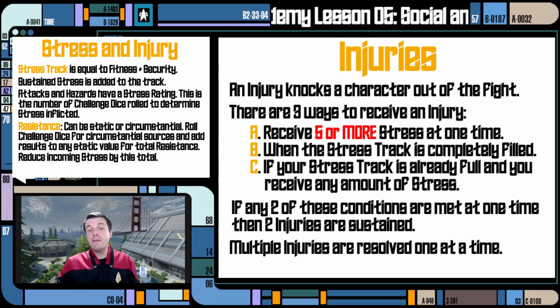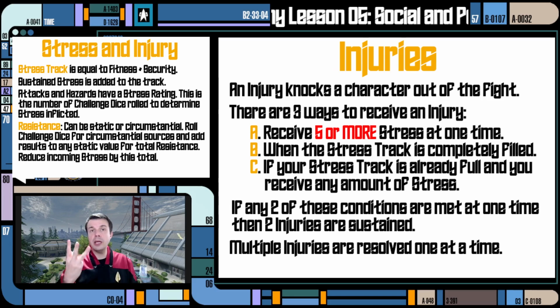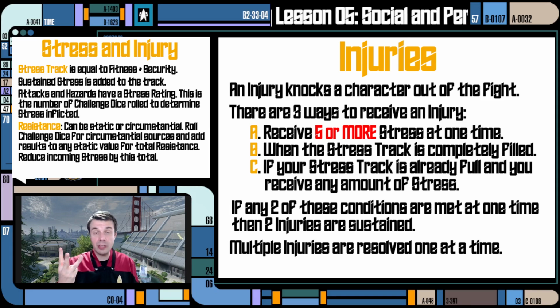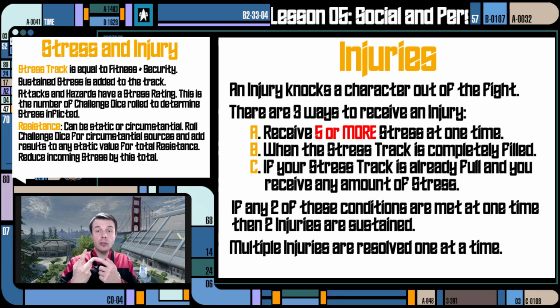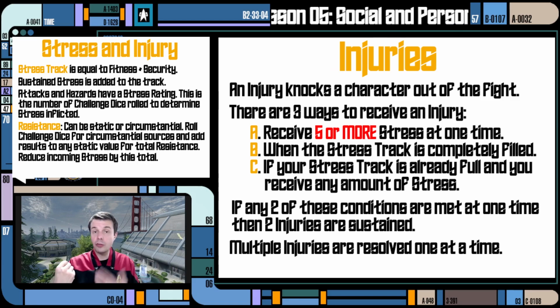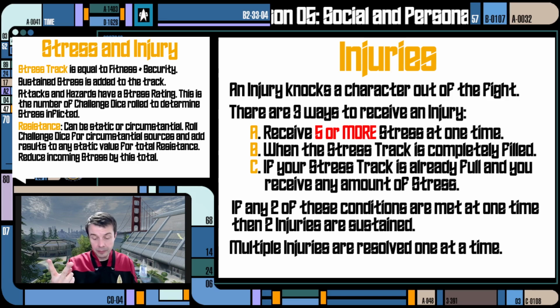The first way: 5 or more stress gets earned and it fills up your track at the same time. Let's say I only had 3 points of stress left, but I get 6 stress on me. That's 1, 2, 3. It's filled up. I get an injury. And that was 6 points of stress. It's over 5. That's injury number 2. So that's 2 injuries at once.